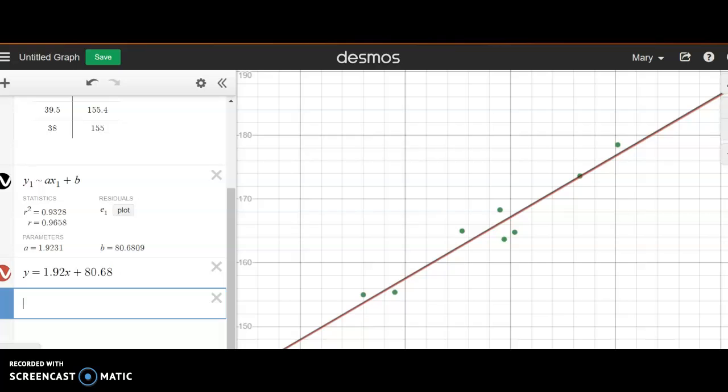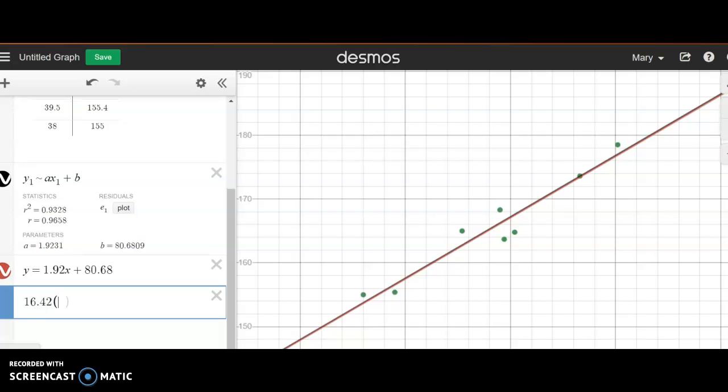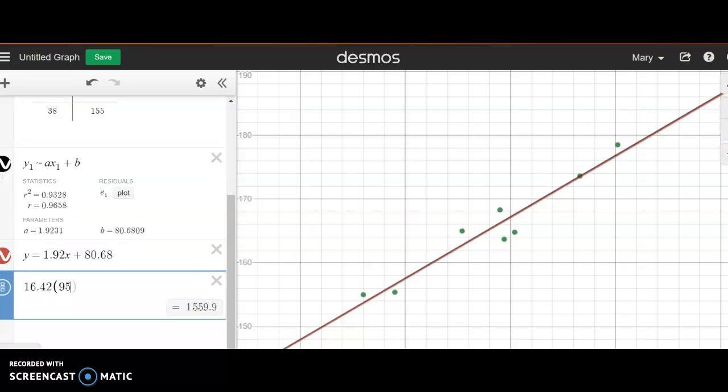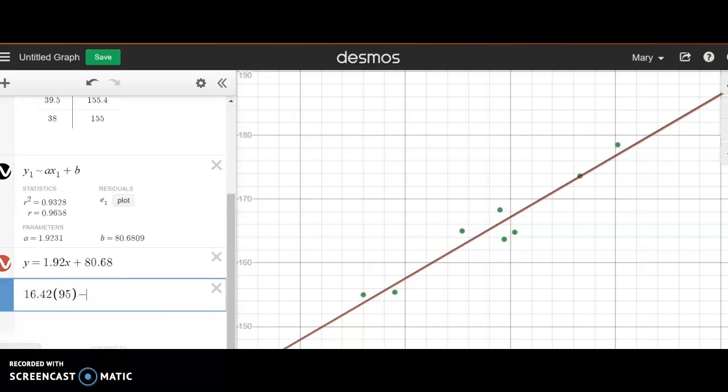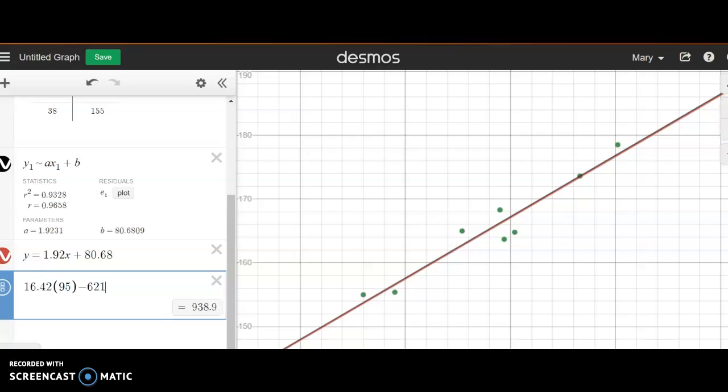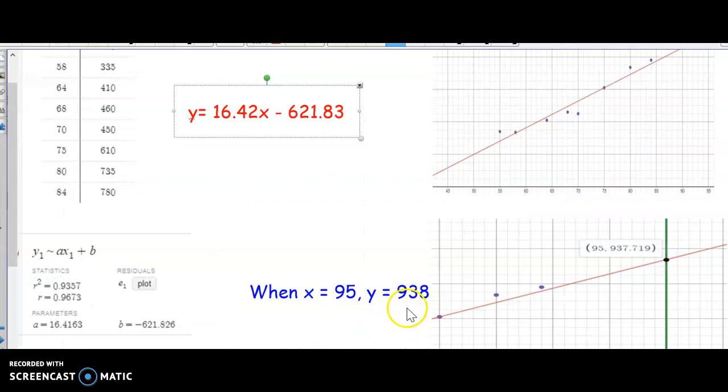I'm going to take 16.42 times 95, because that was the temperature we wanted, minus 621.83, and that gives me 938.7. So if I go back over here and round that to the nearest amount, it's 938. So that's how I came up with those answers.